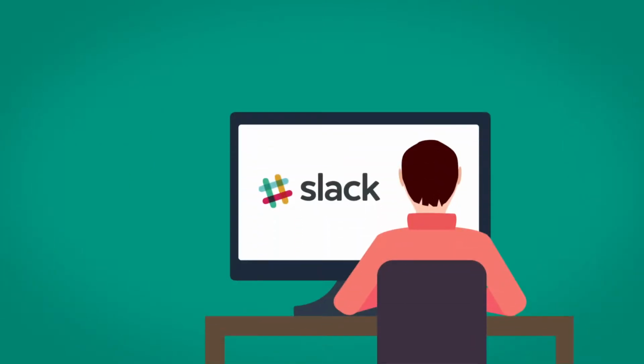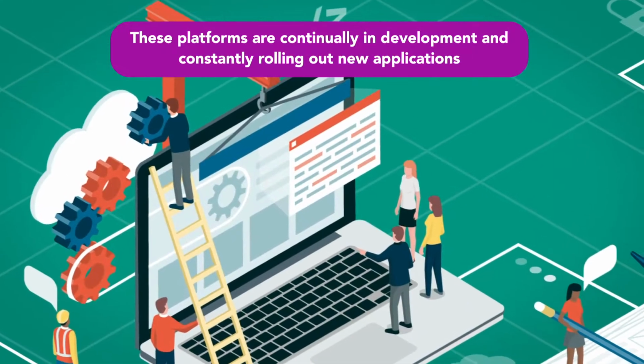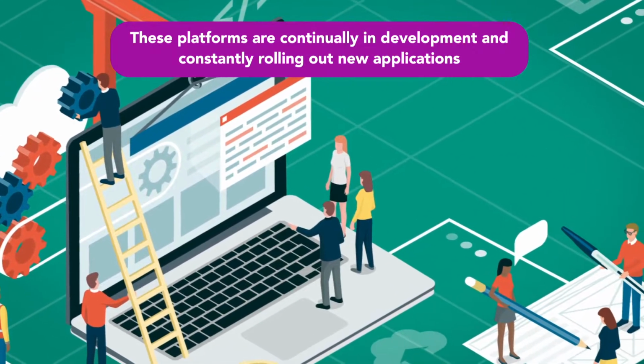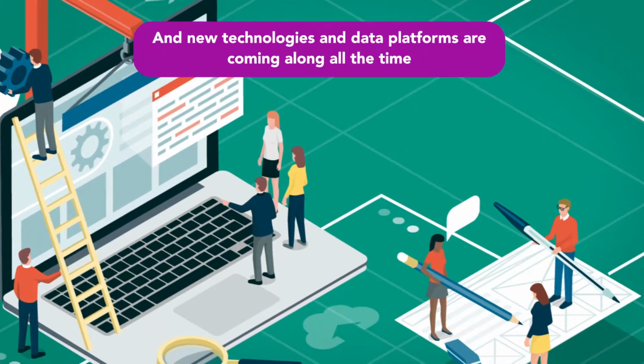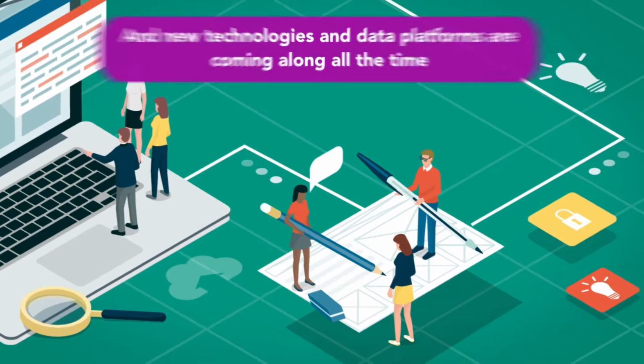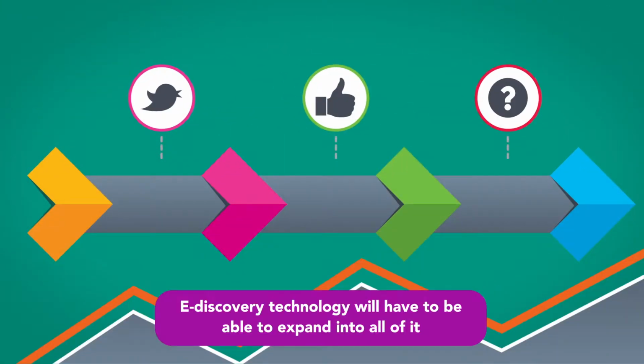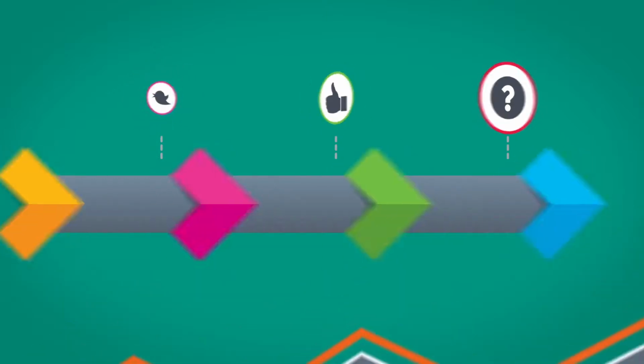Internal corporate data platforms like Slack are also subject to eDiscovery. These platforms are continually in development and constantly rolling out new applications. And new technologies and data platforms are coming along all the time. Who knows what the next Facebook or Twitter will be? eDiscovery technology will have to be able to expand into all of it.